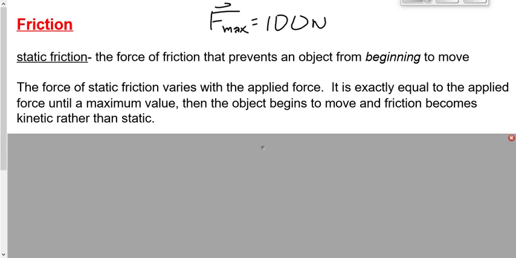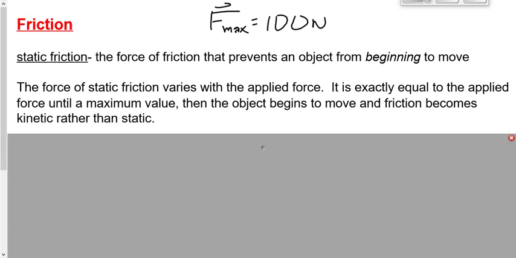I push with 50 newtons. Jacob's desk doesn't move, because static friction pushes back with 50. I push with 90 newtons. The desk doesn't move, because static friction pushes back with 90. It just does whatever it needs to do to keep me from beginning to move this desk.